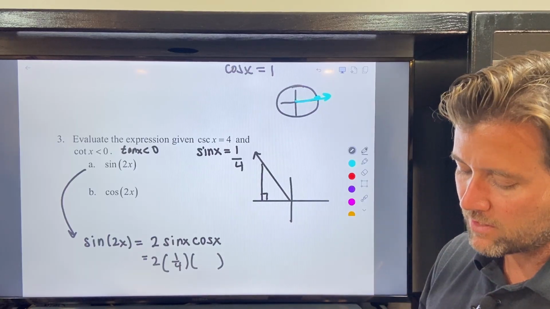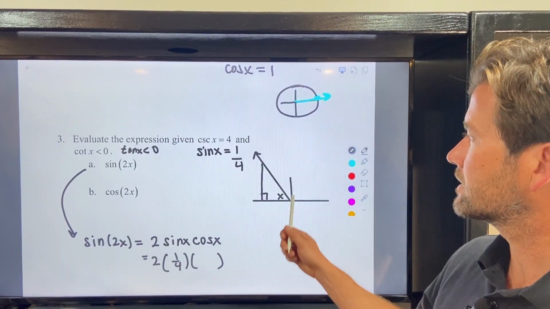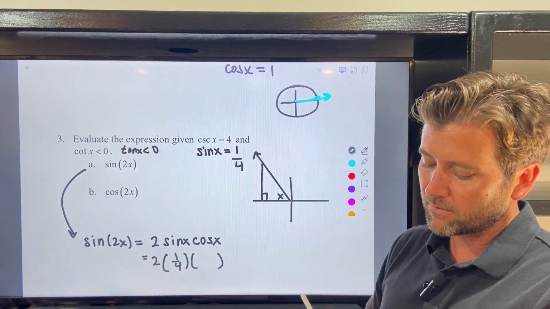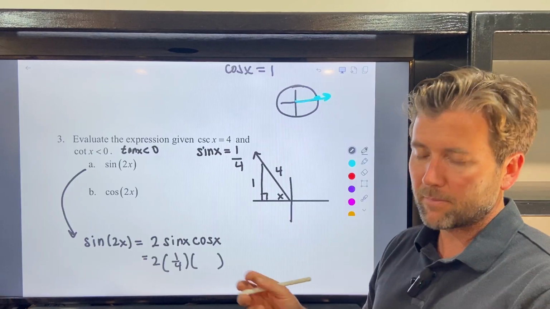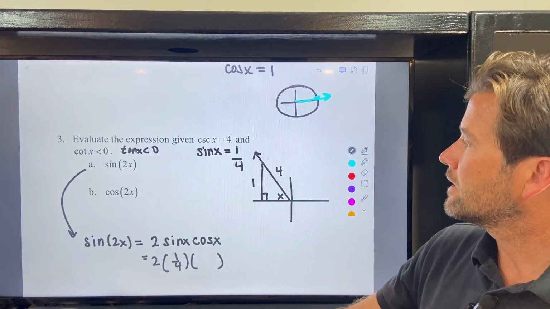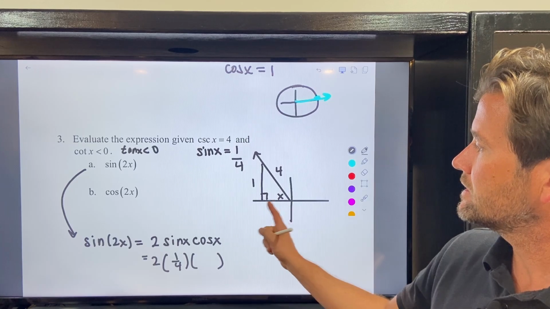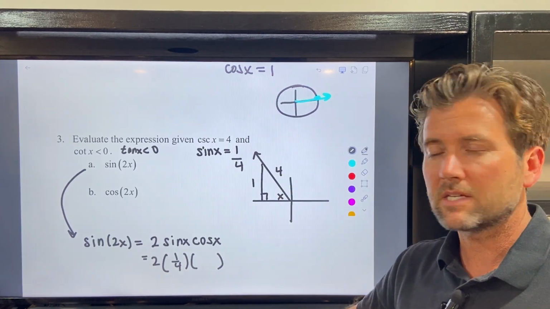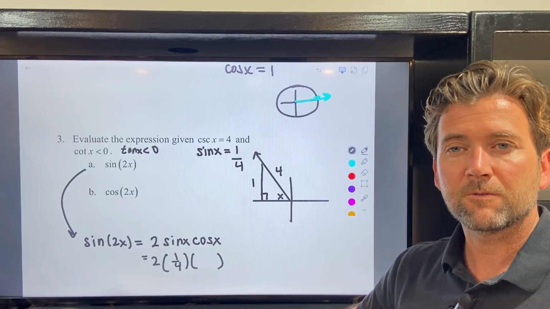So this is my reference angle, x here. The sine of x, remember SOHCAHTOA, the sine of x is the opposite side of the right triangle divided by the hypotenuse. If you find this missing side using the Pythagorean theorem, you have to square 4, that's 16. Subtract 1 squared, that's 15.